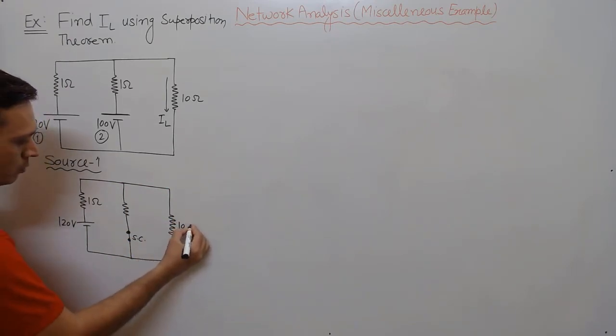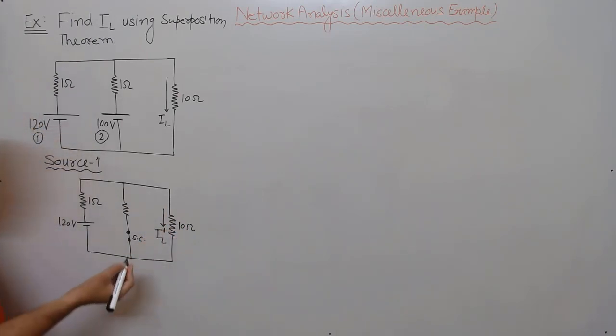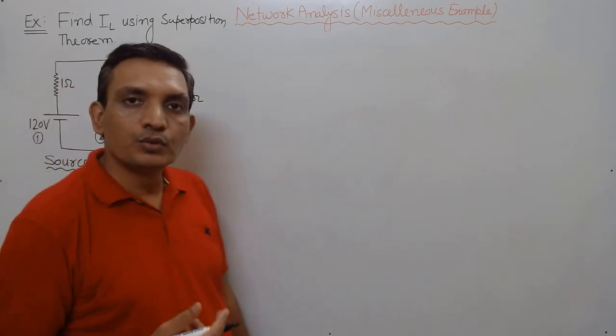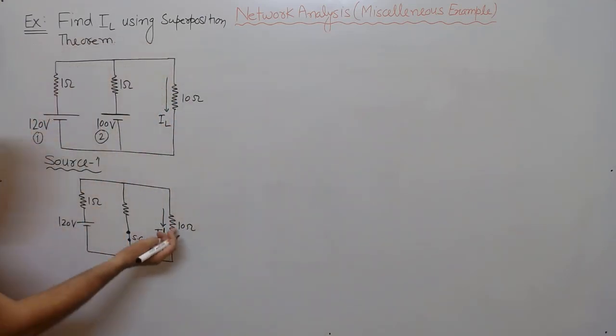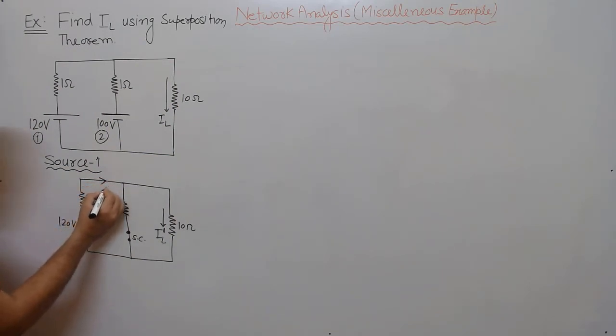Ten ohm. So assume this current is IL dash. So IL dash is the current due to source 1. You can find IL dash using current division if you know current I1 dash.